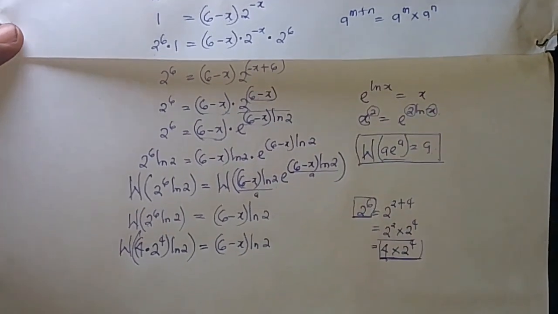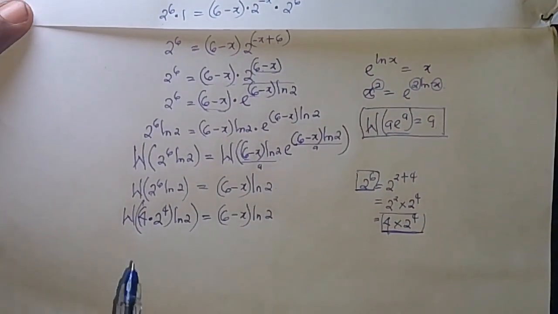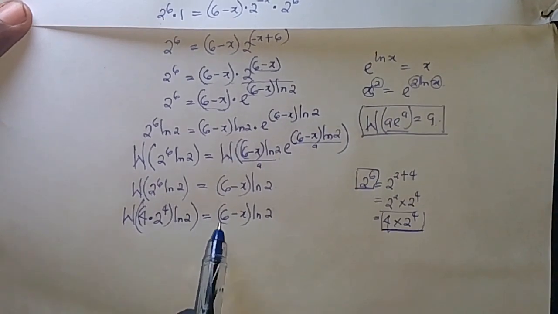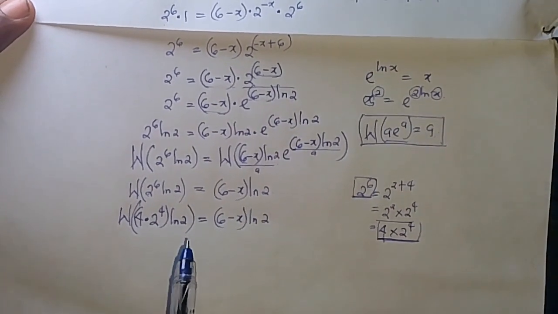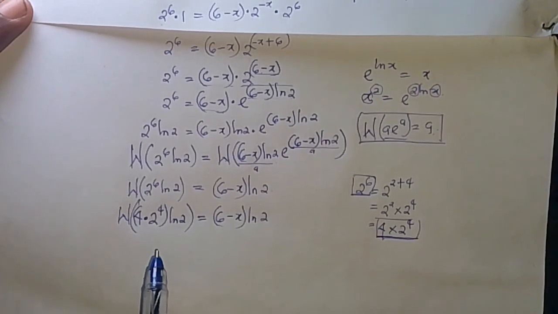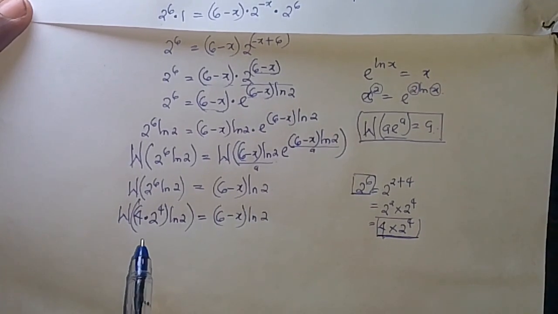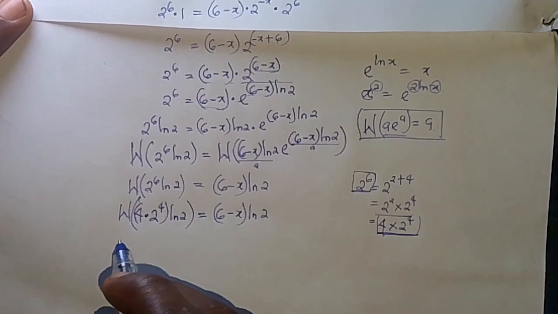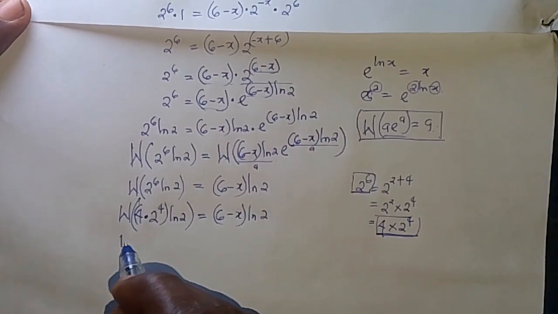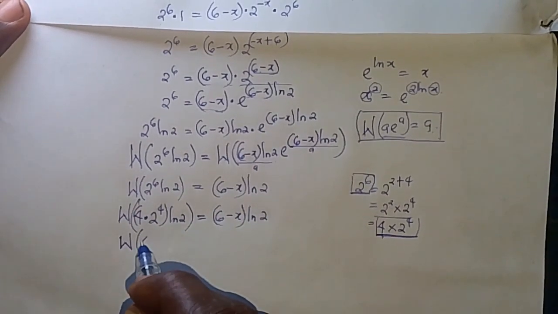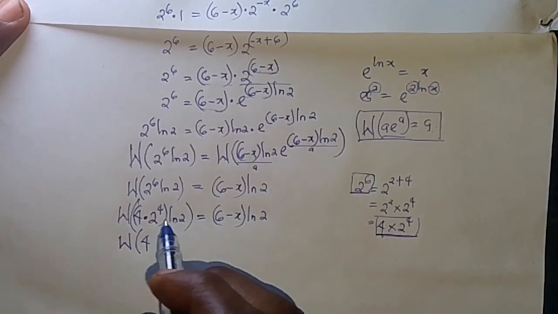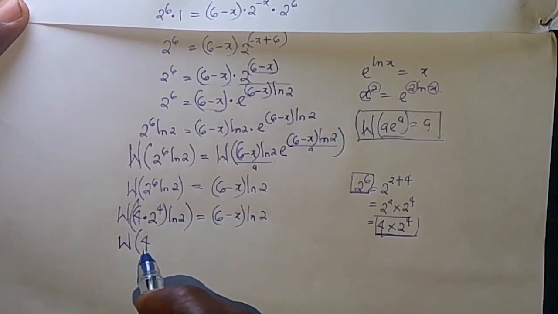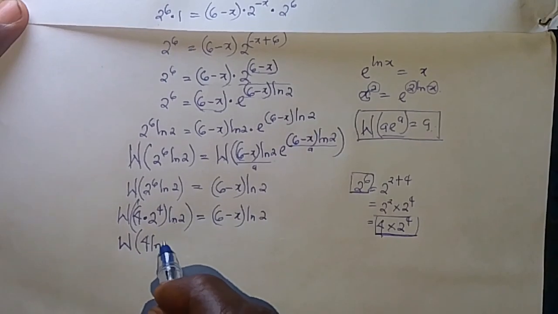So we have gotten that the Lambert W function of the whole of this equals 6 minus x ln 2. So let's simplify this equation further. We have to simplify the left hand side of this equation. So here, this can be written as the Lambert W function of 4 multiplied by ln 2, because this is also multiplying. So this becomes 4 multiplied by ln 2.